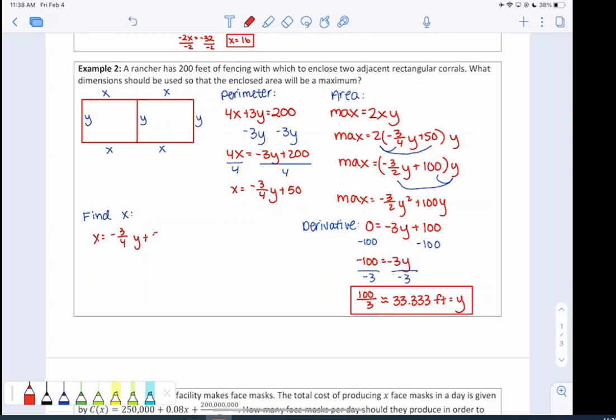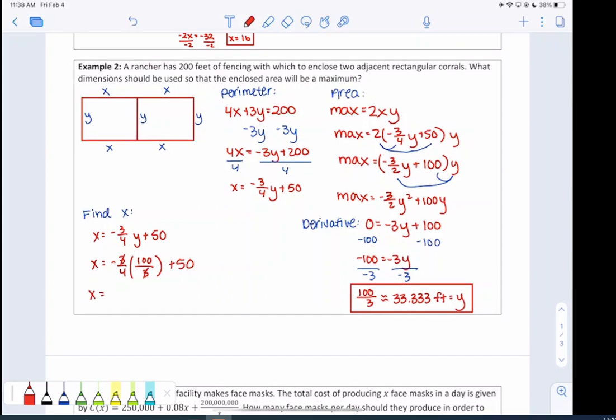4/3 y plus 50. And when I substitute in, I'm going to substitute in my fractional answer to try to be as precise as possible, and then I'll round at the end if needed. So 3/4 y times 100 thirds plus 50, okay? This will cancel, so that will give me negative 25 plus 50, which equals 25 feet, okay?